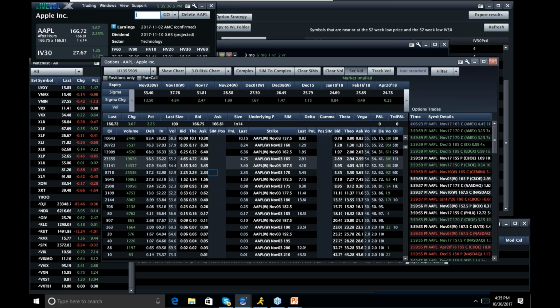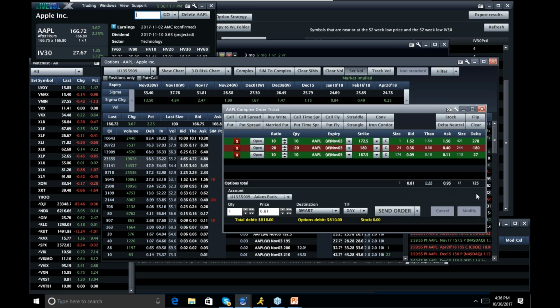So what I want to do is I'm looking for that $7 move, so I want something less than 175. I would set up my trade probably at the 172.5 strike. I would sell the 180s and I'd buy the 170.5s.